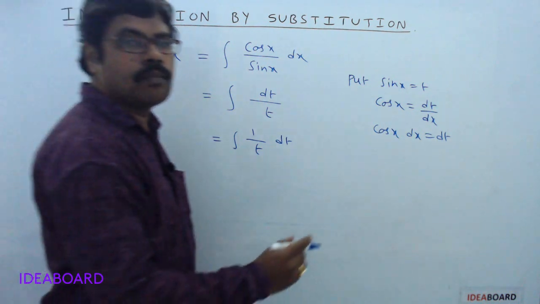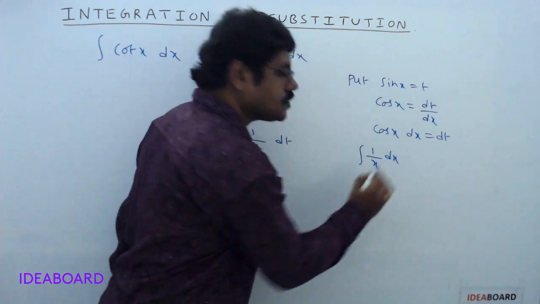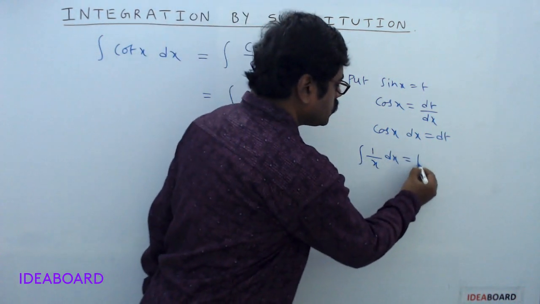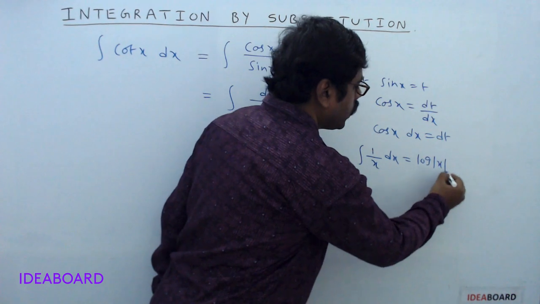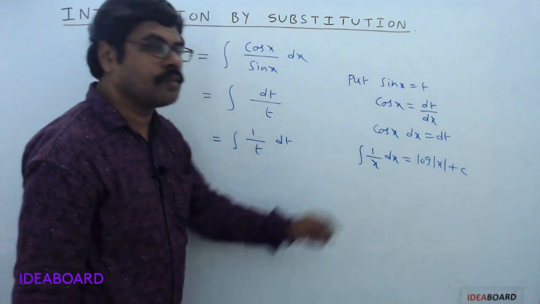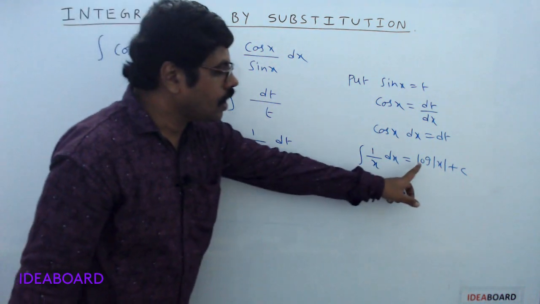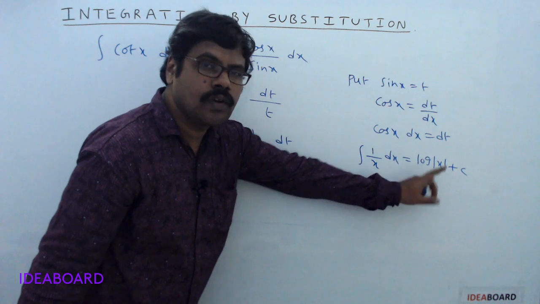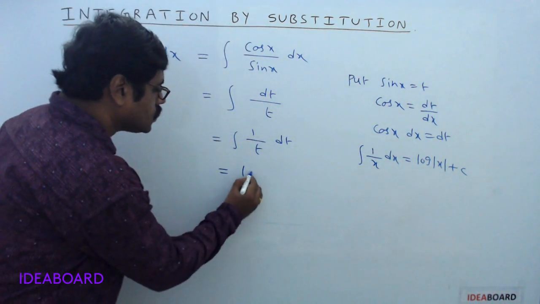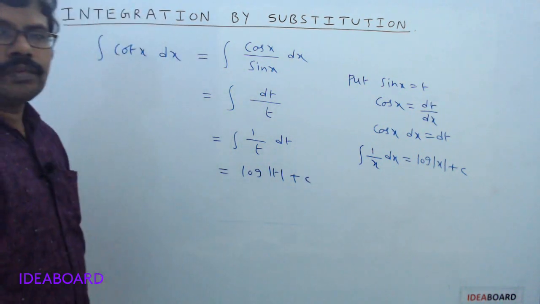Now what is the formula of integral 1 by x dx? Integral 1 by x dx is log mod x plus a constant c. Now by using this formula, integral 1 by t dt is nothing but the logarithm of modulus of t. So this equals log modulus of t plus a constant c.